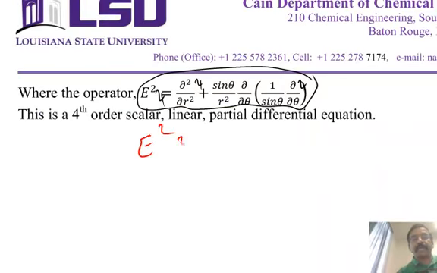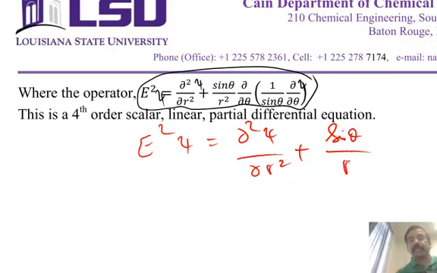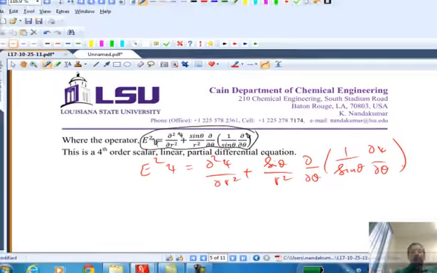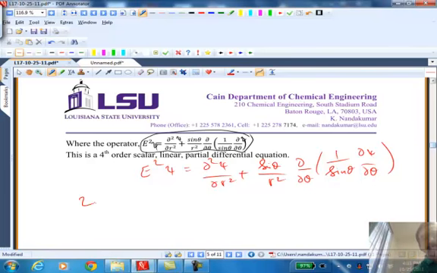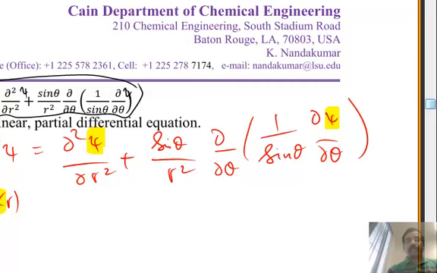E square psi is equal to d square psi dr square plus sine theta over r square d d theta of 1 over sine theta d psi d theta. E square psi is that. Now I have psi as equal to sine square theta, some function of r. So wherever I have psi, I need to put this definition and take the derivative. And when you do that, what will you get?